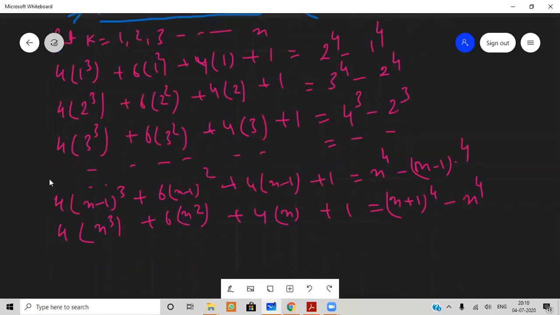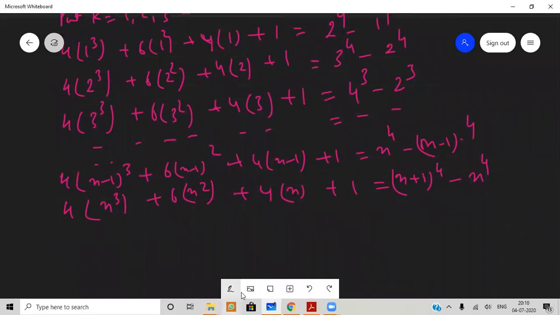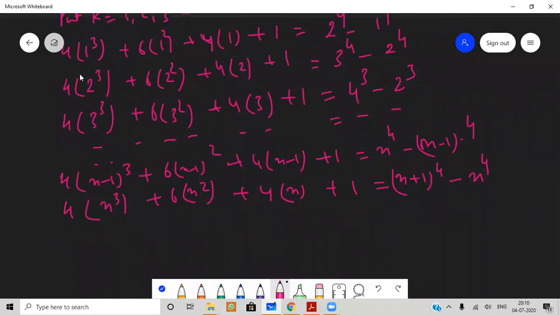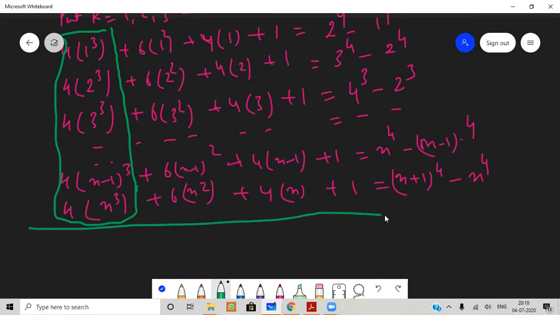Now we will add them column wise. Column number 1 will give us what? Likewise, we will add all the columns, the left and the right. What do we get? If I take 4 common, then inside I am getting 1 cubed plus 2 cubed plus 3 cubed, dot dot dot, n cubed.